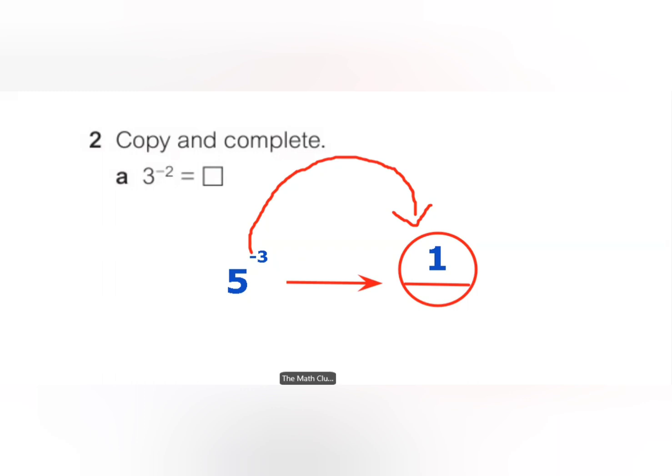Now, when we remove the negative, because we already wrote 1 over, or a fraction with 1 in the numerator, what did we leave? We left 5 to the power of 3.